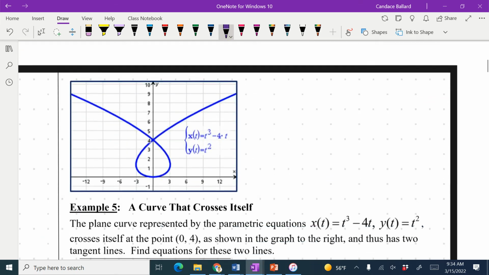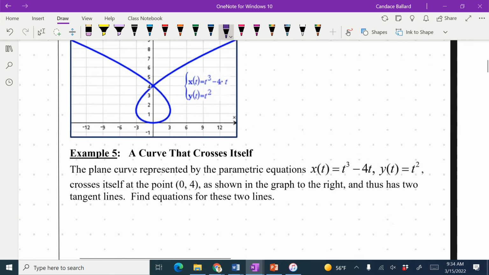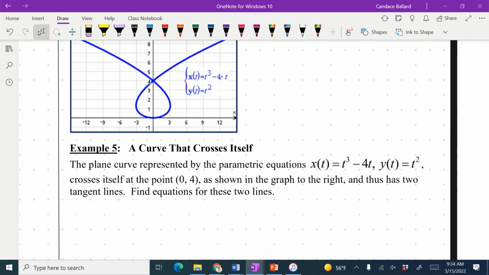All right. Take a minute. I want you to read through example 5 on your own. So everybody read example 5.